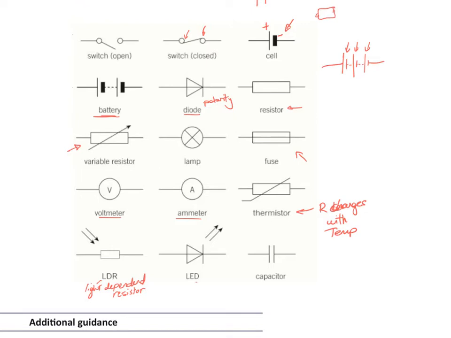An LED is a light-emitting diode. So it only allows current to flow in one direction, and when the current passes a specific limit, it emits light. And a capacitor stores charge.